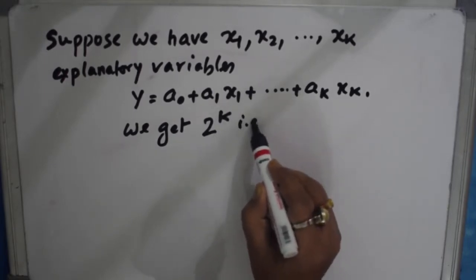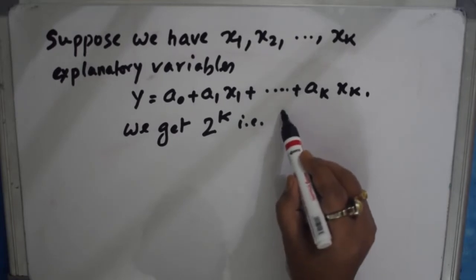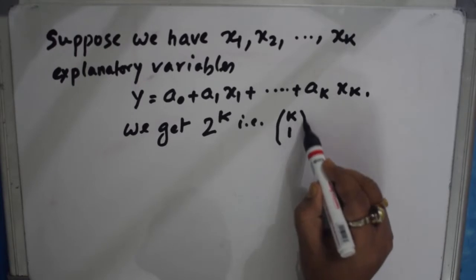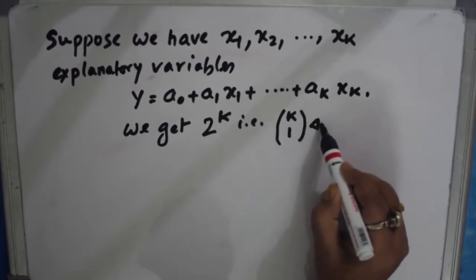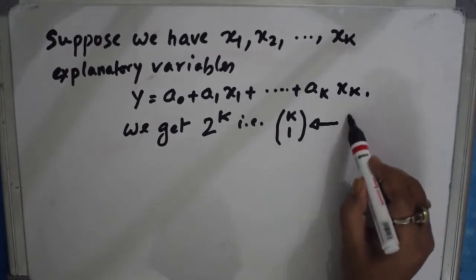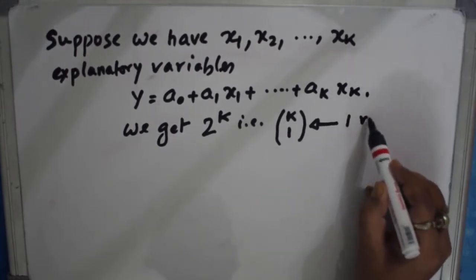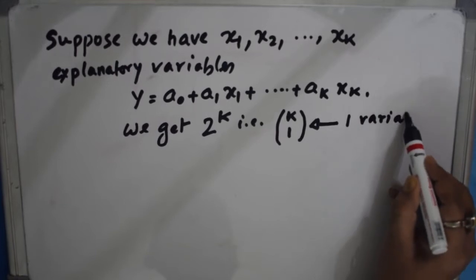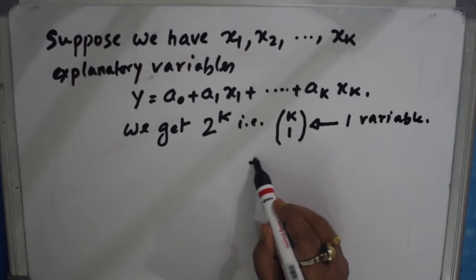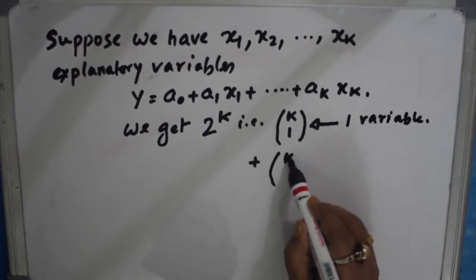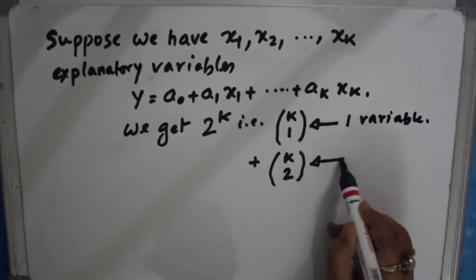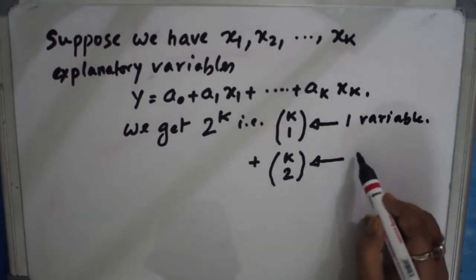If we consider only one explanatory variable, we have KC1 choices. If we choose two explanatory variables, we have KC2 choices.